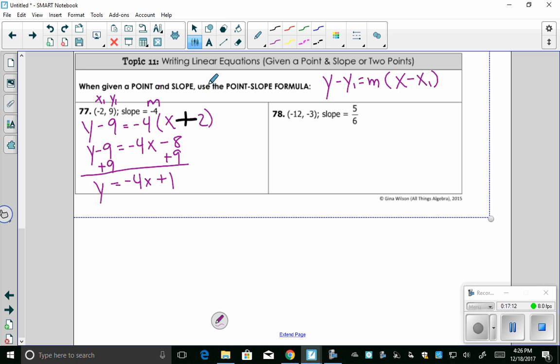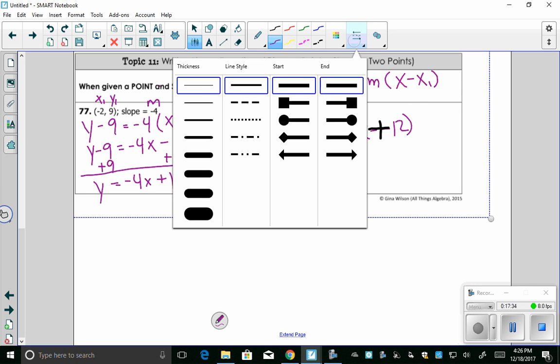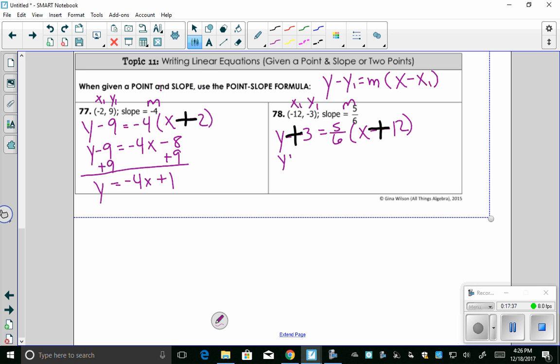So if you look at number 78, don't be scared of the fraction. It is okay. You will live. You're going to have y minus -3 equals 5/6 times x minus -12. Everywhere you see double negatives, change it to positive. Now you're ready to distribute. Y plus 3 equals 5/6x plus 5/6 times 12/1 is going to be 60/6.